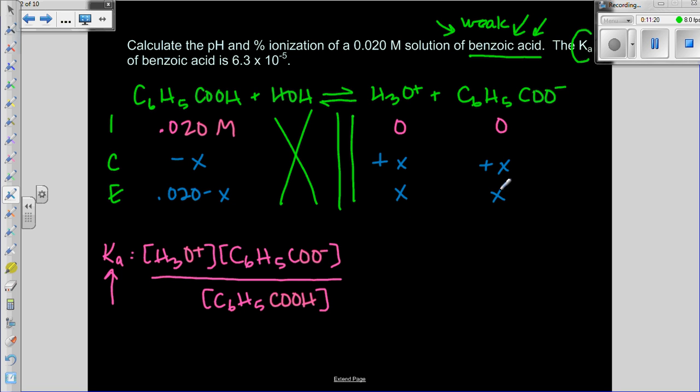X, and X. Okay, so now I'm going to go ahead and substitute into this expression.